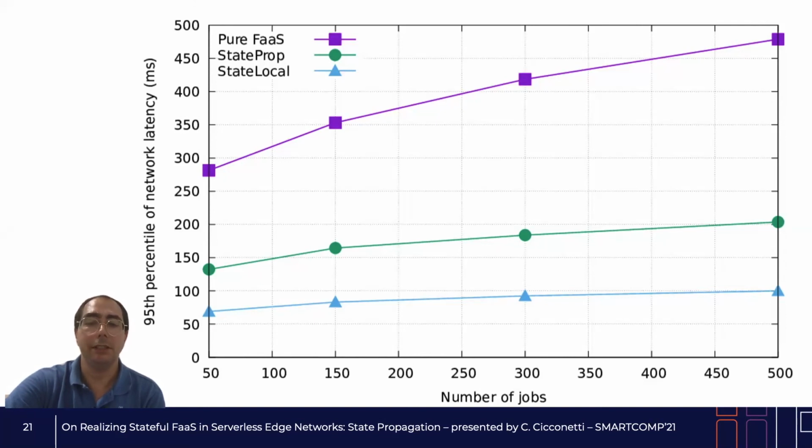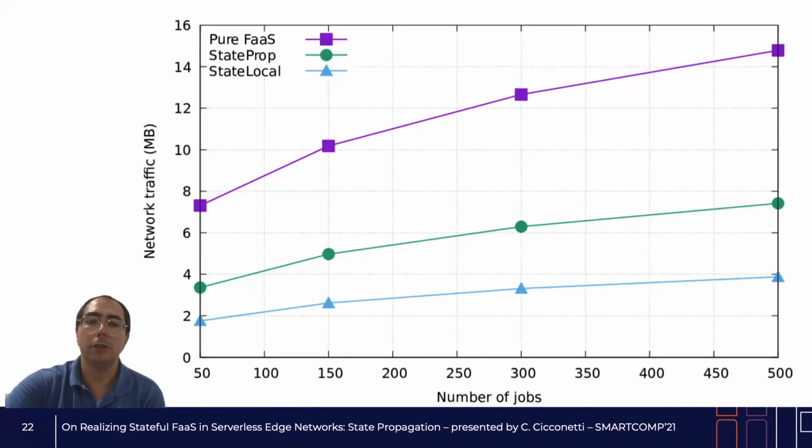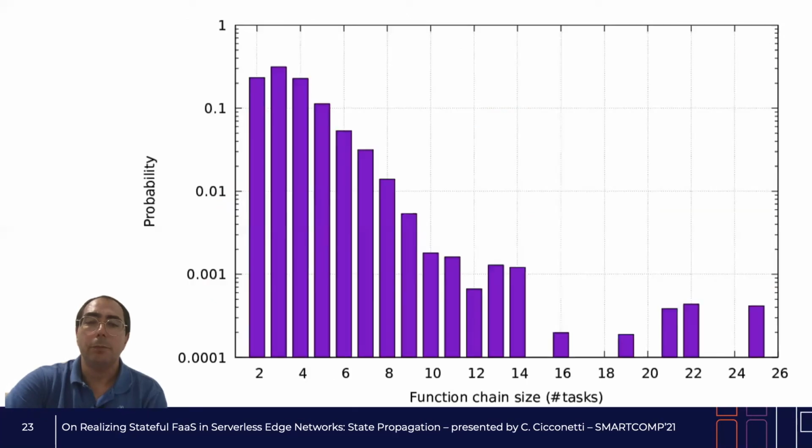It is intermediate with state propagation, and as expected, it is lowest with the state local. This is due mostly to the network traffic that is generated by each different approach, which is plotted in this slide.